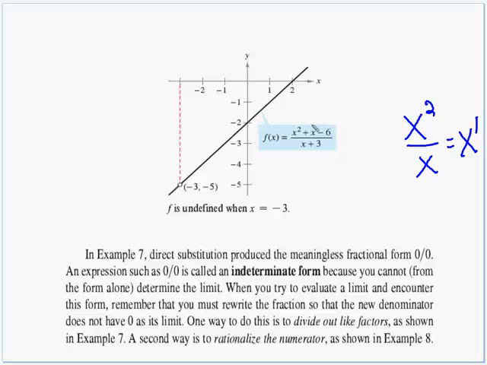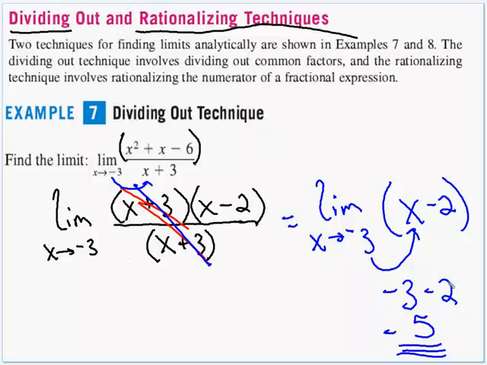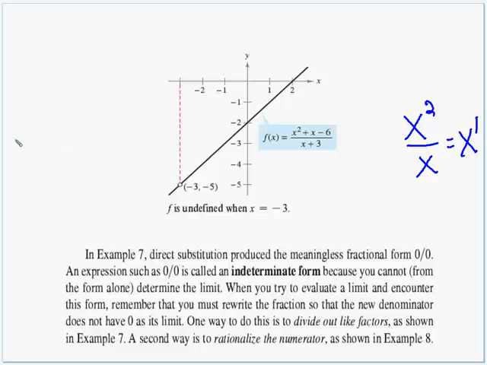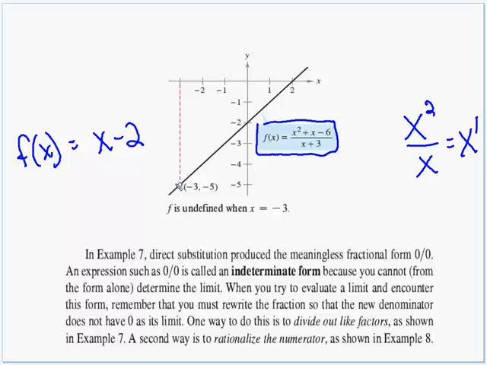And back to here, when we did divide that out, we were left with the line x minus 2. f of x equals x minus 2. So if we graph our original function, it is a line, but we have that nasty hole in it right below the x value of -3.